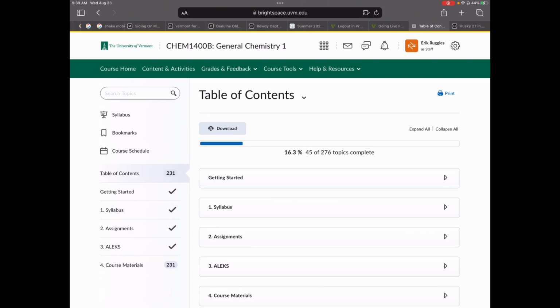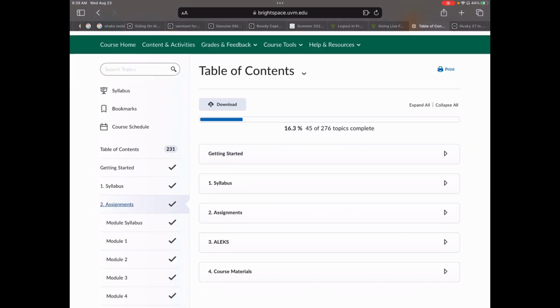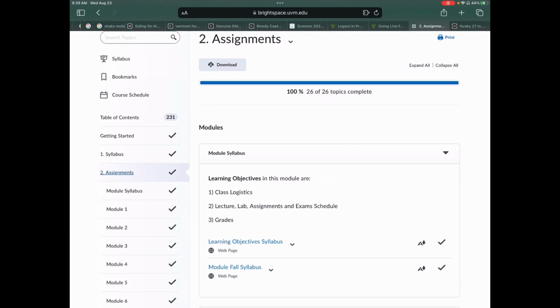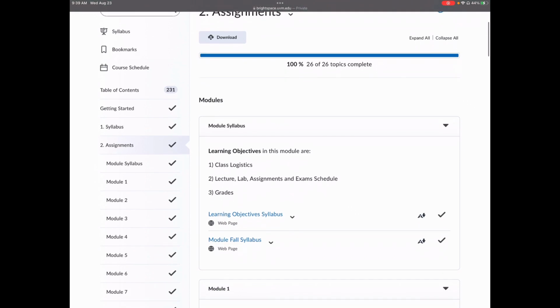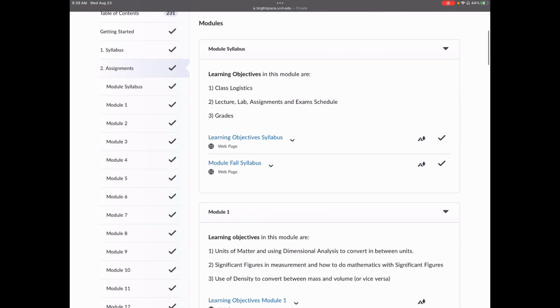And we would go then to maybe the next piece, which would be assignments. And so here, in our announcements, I'll be posting assignments, but this is where you need to go to then actually do those assignments. So here we have our modules. Remember, each module is a chapter. So we have the syllabus module.